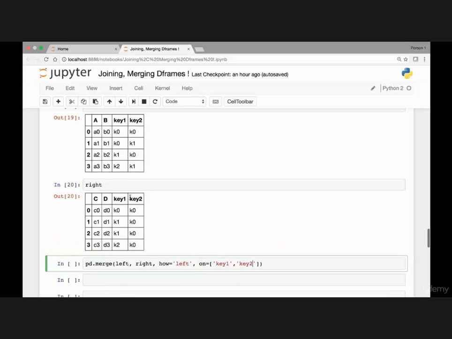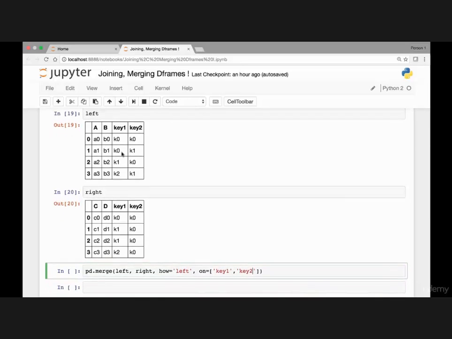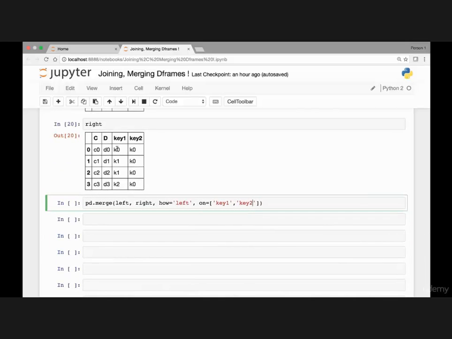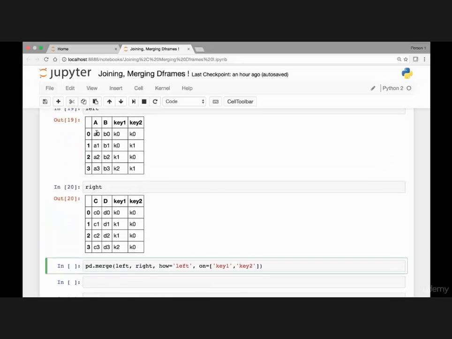Okay, in this case it will check the key 1 and key 2 values on the left data frame, which is K0 and K0, and it will see whether we have that combination in the right data frame, K0 and K0. Yes. So we'll have one row. The first row will have values A0, B0, K0, K0, and then C0, D0.